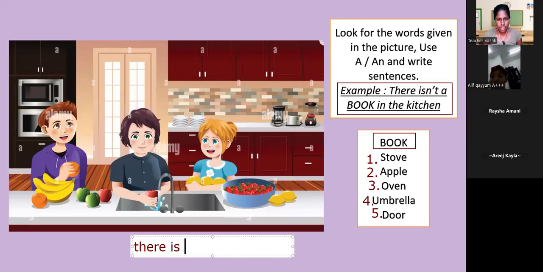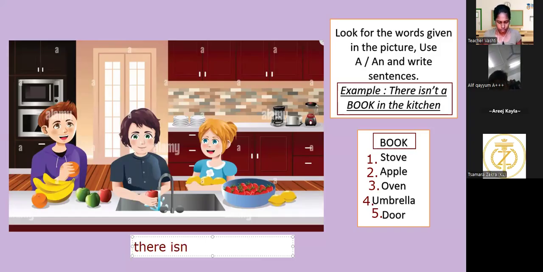There is an apple. Okay, good. How about oven? There is an oven. Umbrella? There isn't an umbrella. Door? There is a door. Okay, very good.